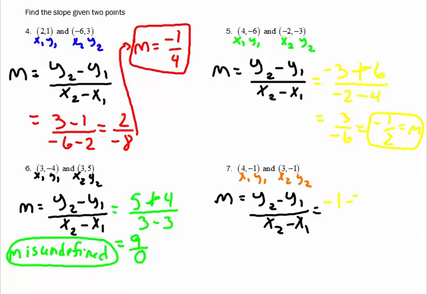So negative 1 minus a negative 1 all over 3 minus 4. Again, that's going to turn into a plus sign, so negative 1 plus 1 is 0, and 3 minus 4 is negative 1. Looking at our notes on the previous page, we see that when we have a 0 on top, our slope is just 0. So what kind of line does that mean? That means we would have a horizontal line.